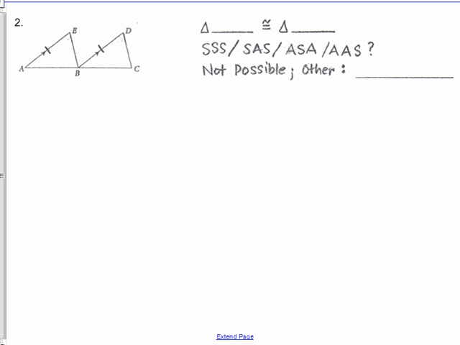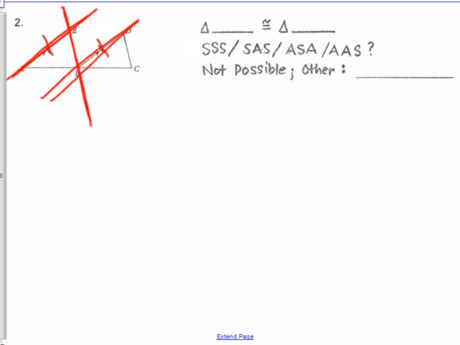Okay, we've got parallel lines. Take a look. Parallel lines right here. Does that help us out? Well, we've got this congruent to this and parallel lines. We need this transversal.